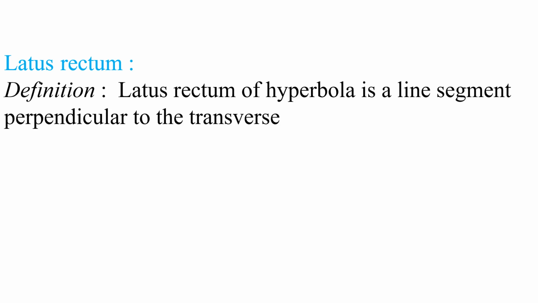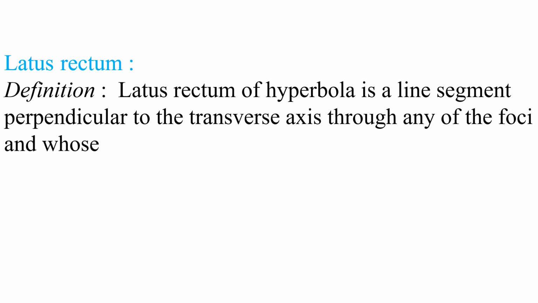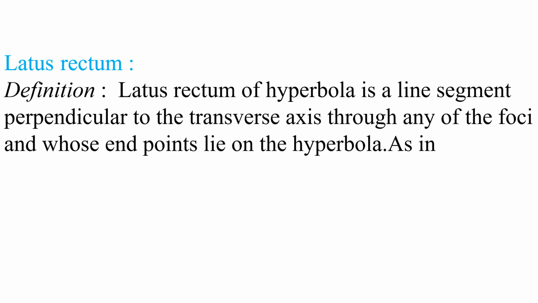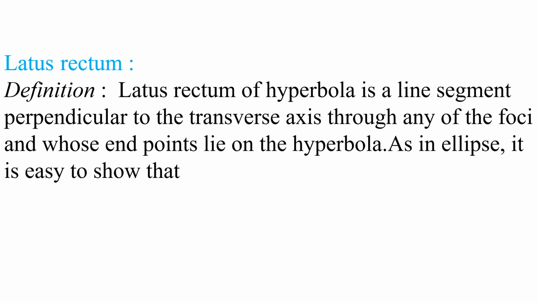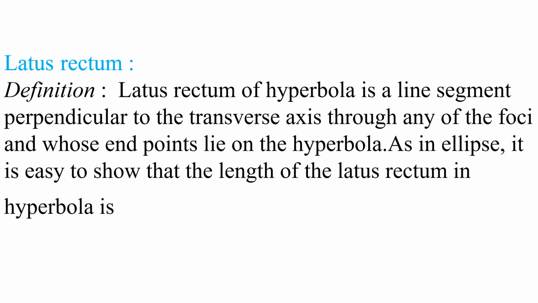Latus rectum of a hyperbola is a line segment perpendicular to the transverse axis through any of the foci and whose endpoints lie on the hyperbola. As in ellipse, it is easy to show that the length of the latus rectum in hyperbola is 2b square by a. Same as in the case of ellipse.